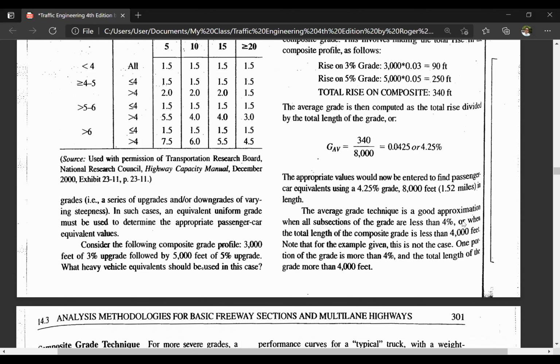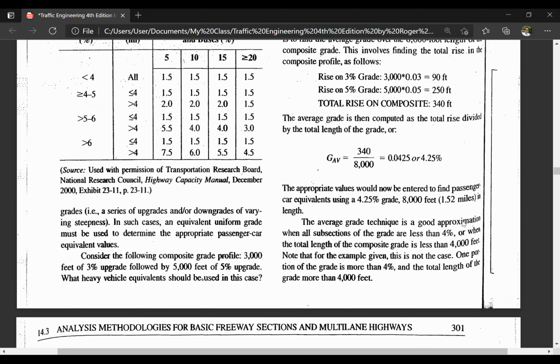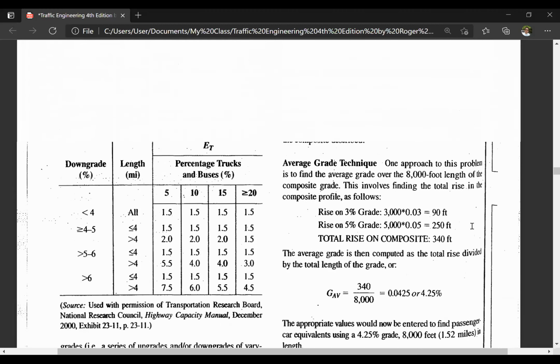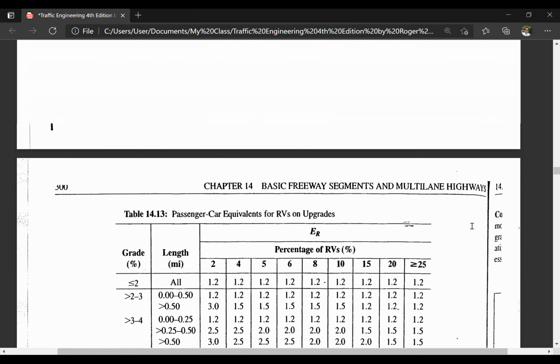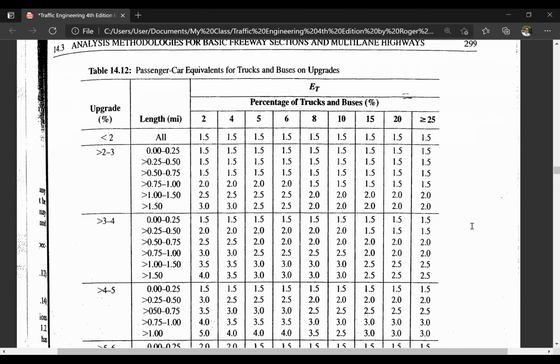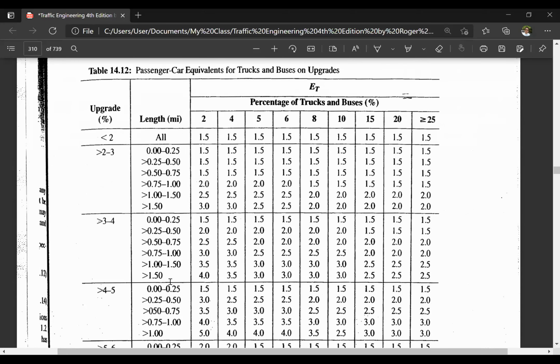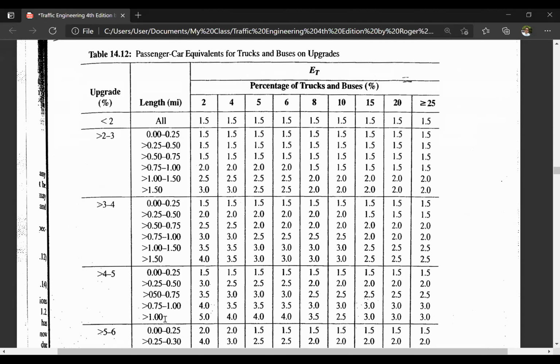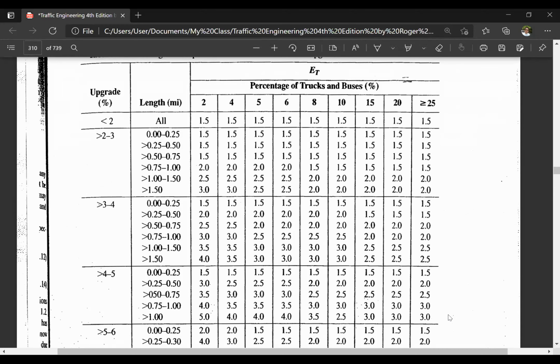So you know that now the grade is 4.25. You go back and open this graph. 4.25 is right here, in this category for greater than 8,000 feet, which is about 1.52 miles. So it's on this side. How many percent trucks?